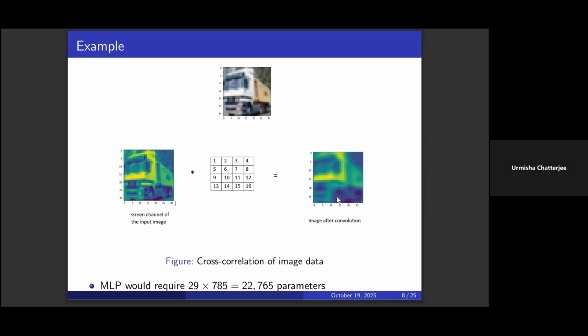If we want an exact 29 by 29 sized hidden representation in an MLP, we have to multiply this 22,765 by another 29. You require a large number of parameters for one hidden representation.